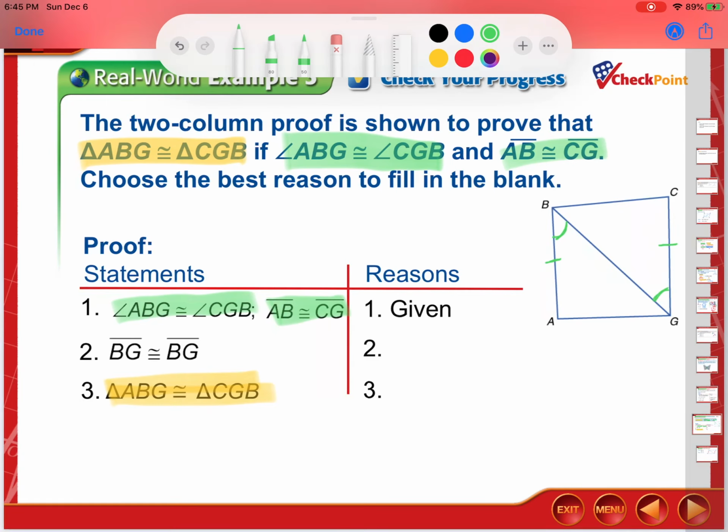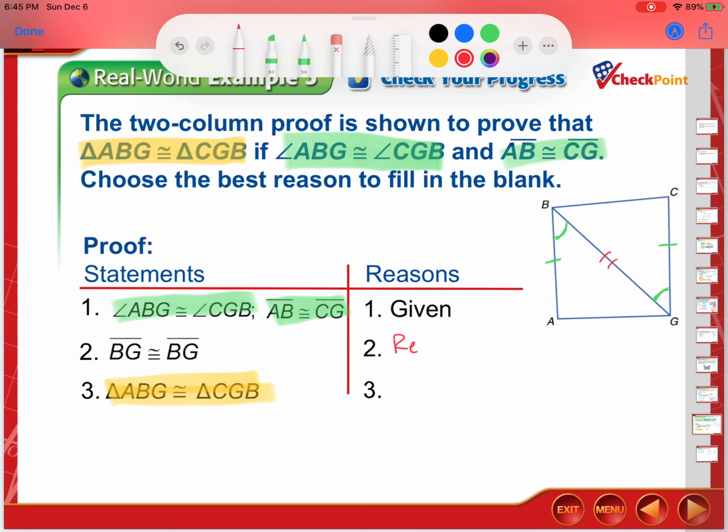So anyway, now we've labeled all of our given information. Now, in this example, they have our second step written down, which is BG is congruent to BG. So that is these lines.